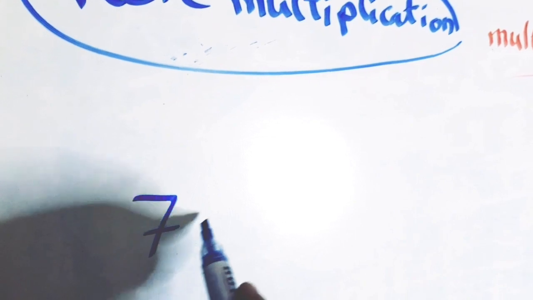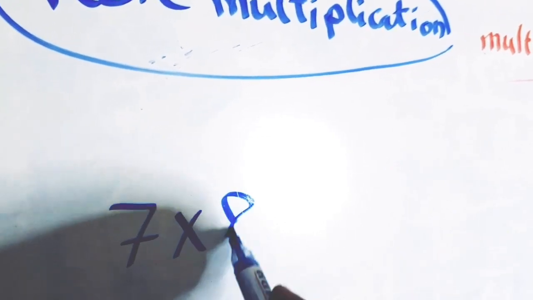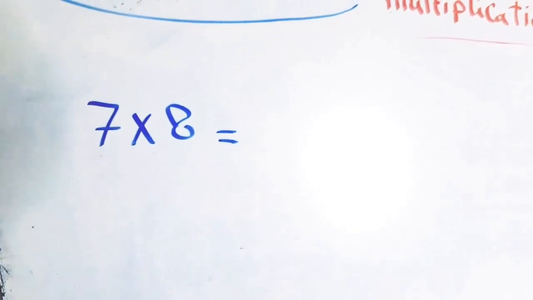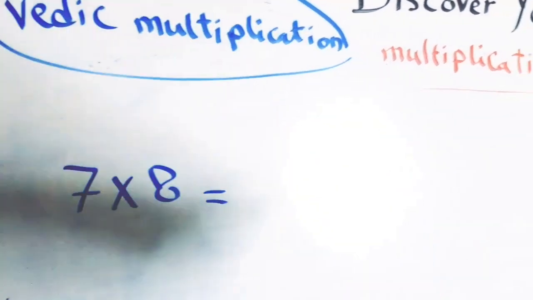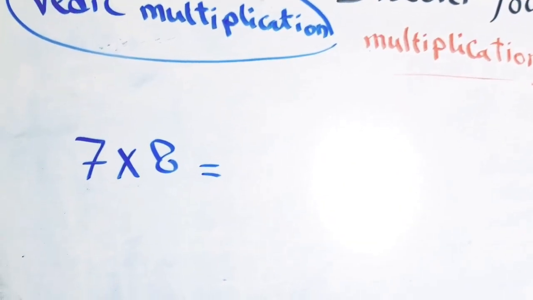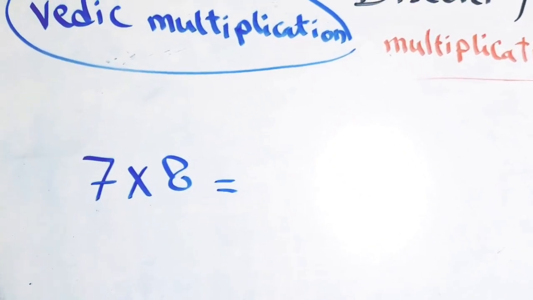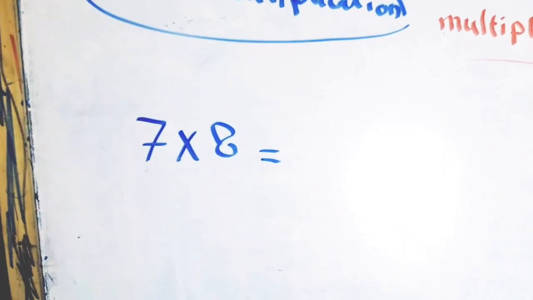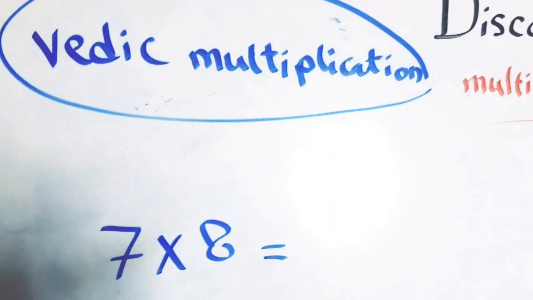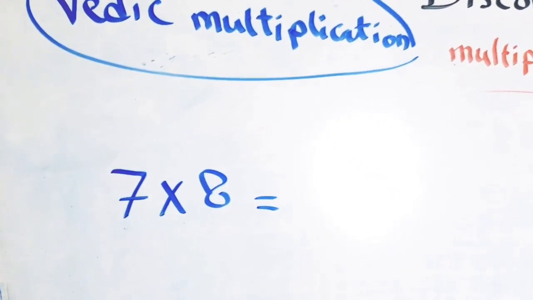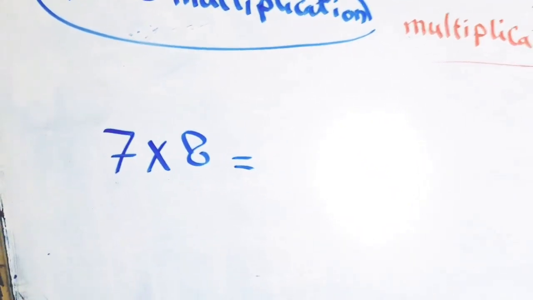7 times 8. We want to use the Vedic multiplication trick or method in order to reach the multiplication product. What do the Indians do to reach the multiplication product in this example?